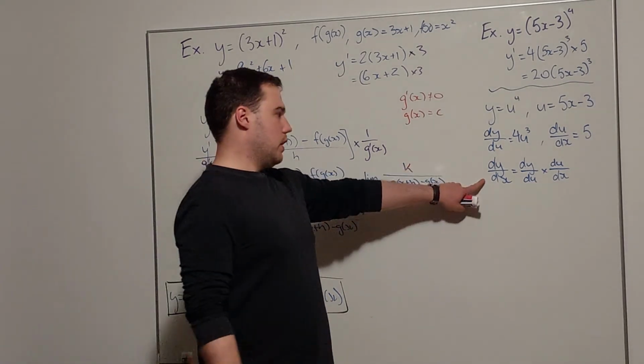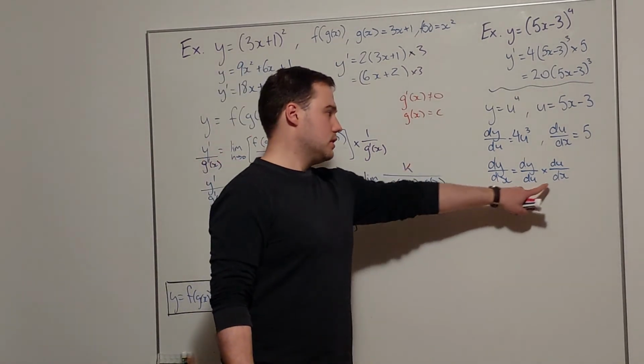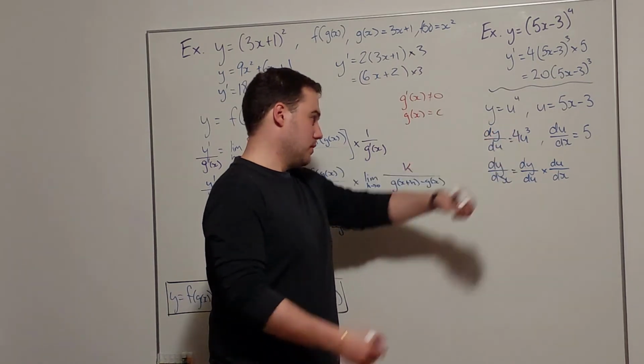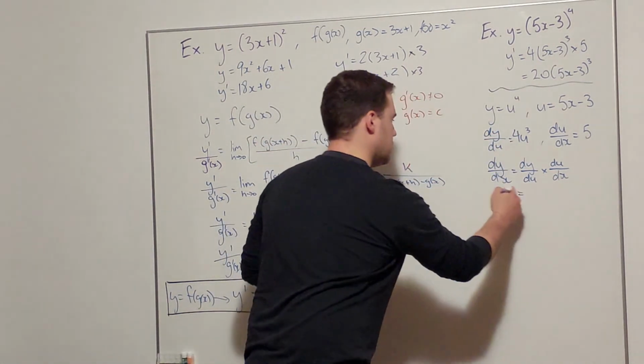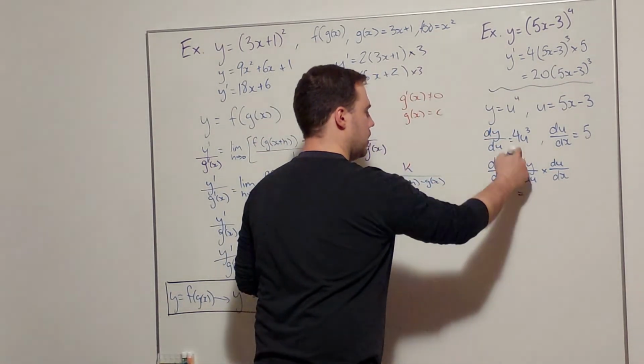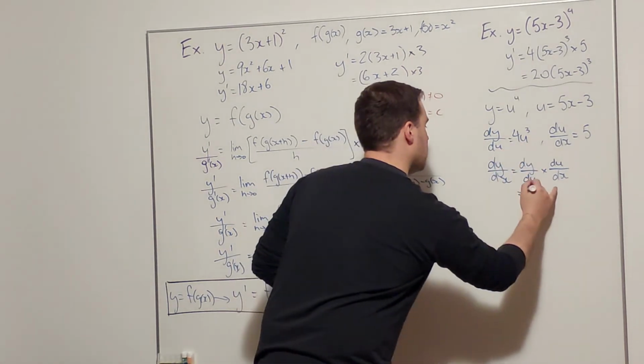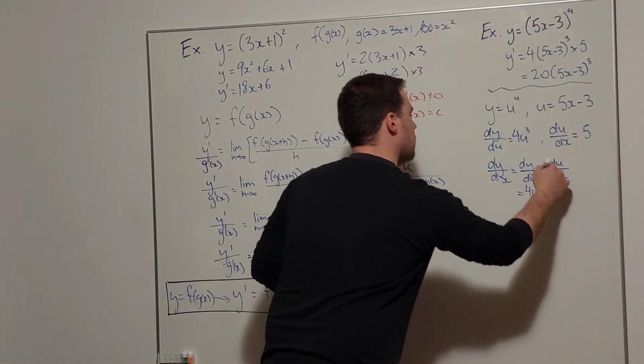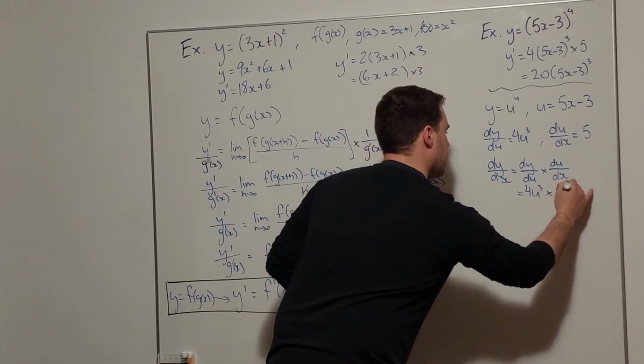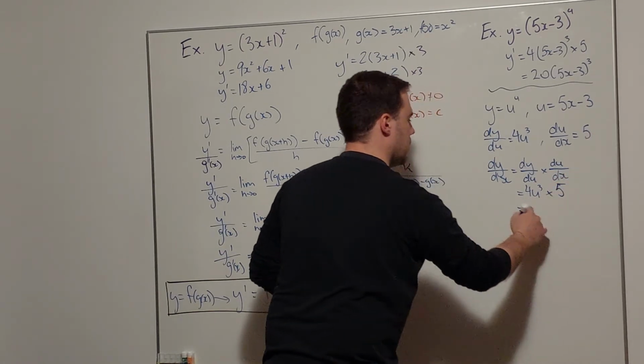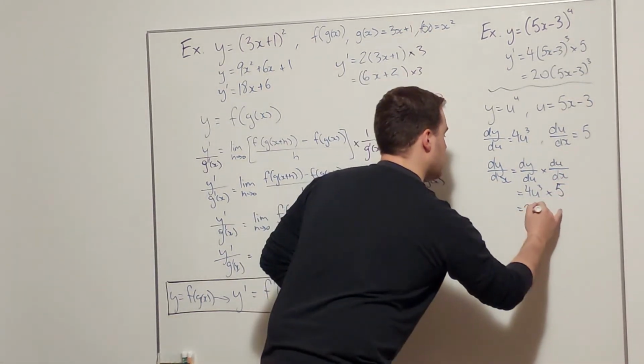Well, if we want to find dy dx, which equals this, we have expressions for both of these, right? So dy dx is going to be dy du, which is this one here, 4u cubed, times du dx, which is this one here, 5. And then to tidy it up, 4 times 5 is 20.